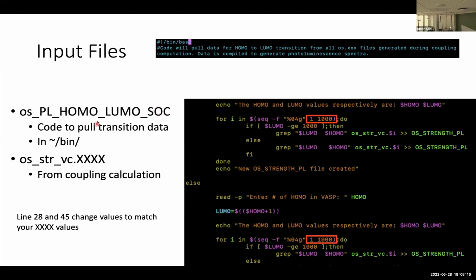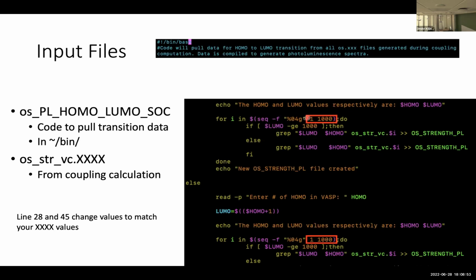It's this OS_PL script. You're also going to need from your coupling calculations all the OS_strength_VC.xxx files. These are your files that show the oscillator strength along the trajectory, specifically the ones for interband. So if we open up this OS_PL script, you're going to see what we have over here.